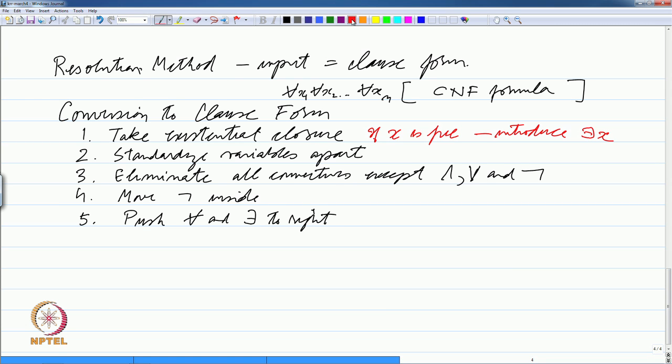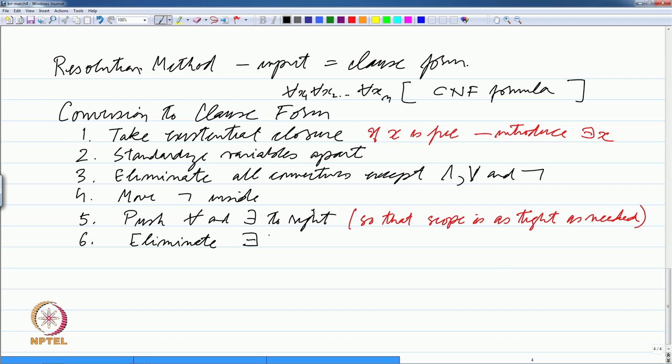Push the quantifiers also inside next. So, the scope of each quantifier is as tight as it is needed. This is again good for clarity. Eliminate the existential quantifier essentially.